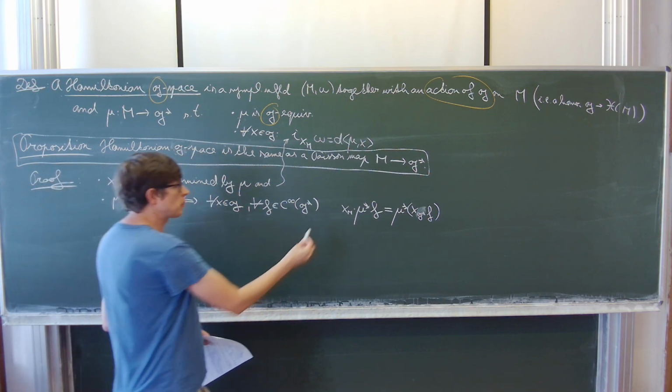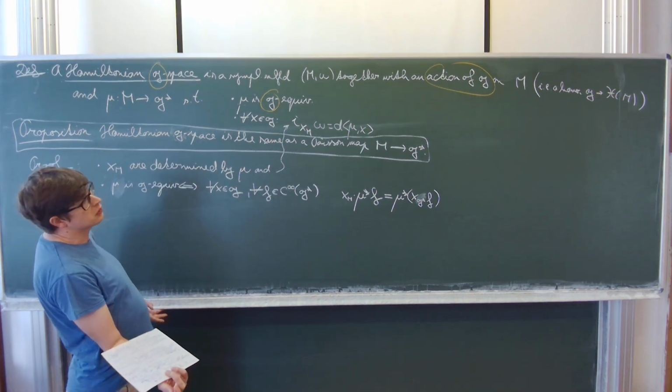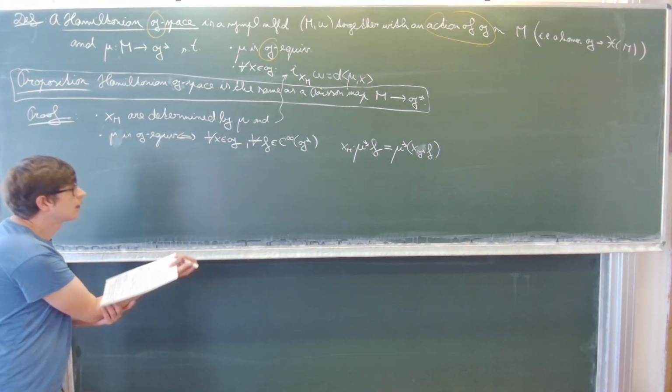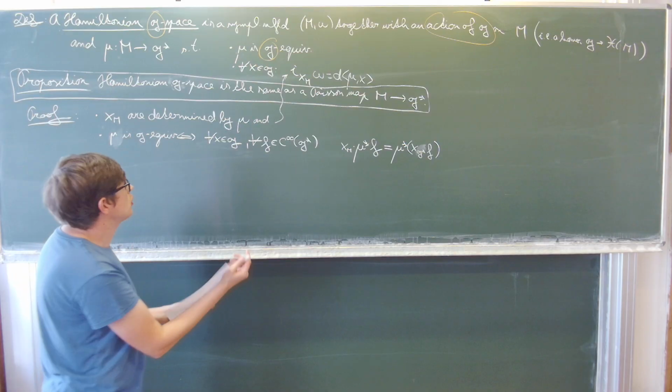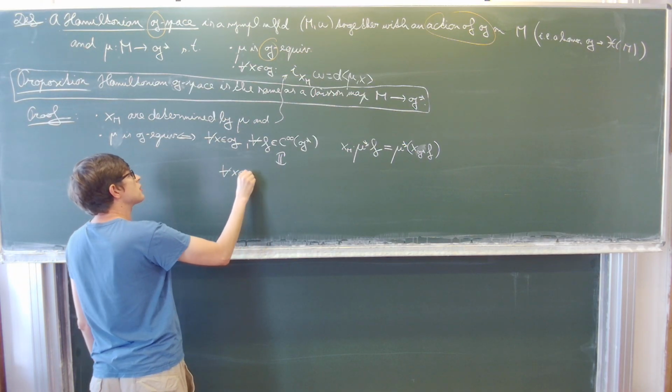Okay, so those two things are the vector fields. But in fact, functions on G star are all generated by linear functions, in a suitable sense.